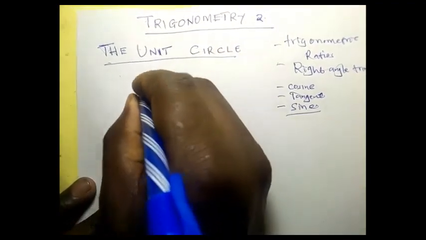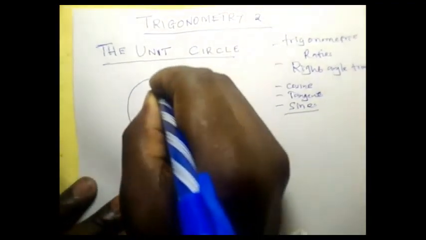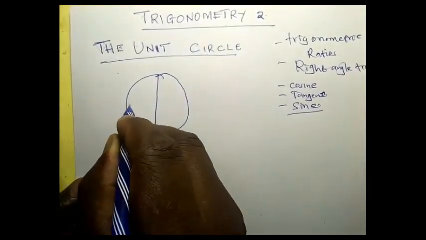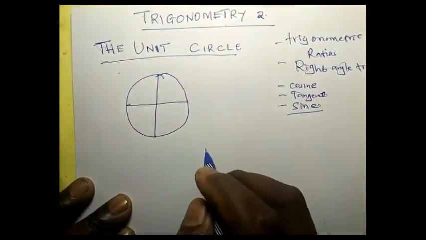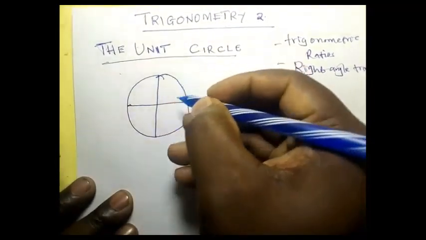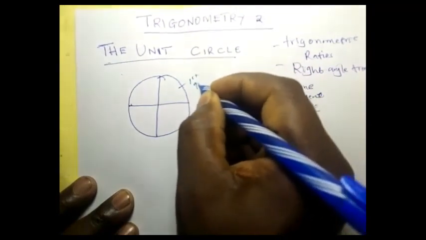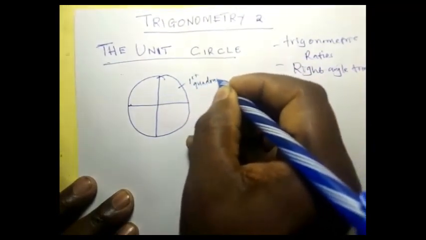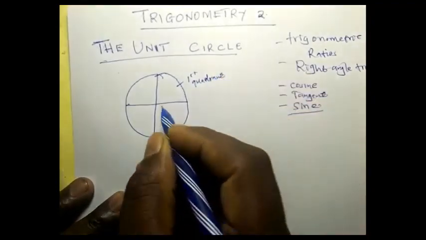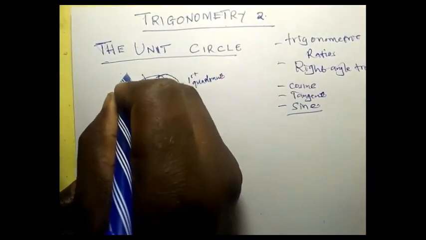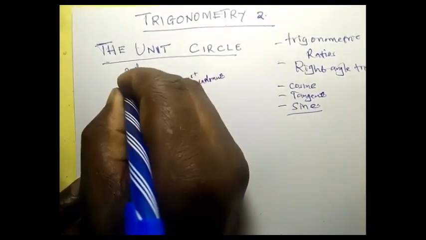So the unit circle is just a circle which is divided into 4 quadrants. This one, we call it the first quadrant. This one, we call it the second quadrant.